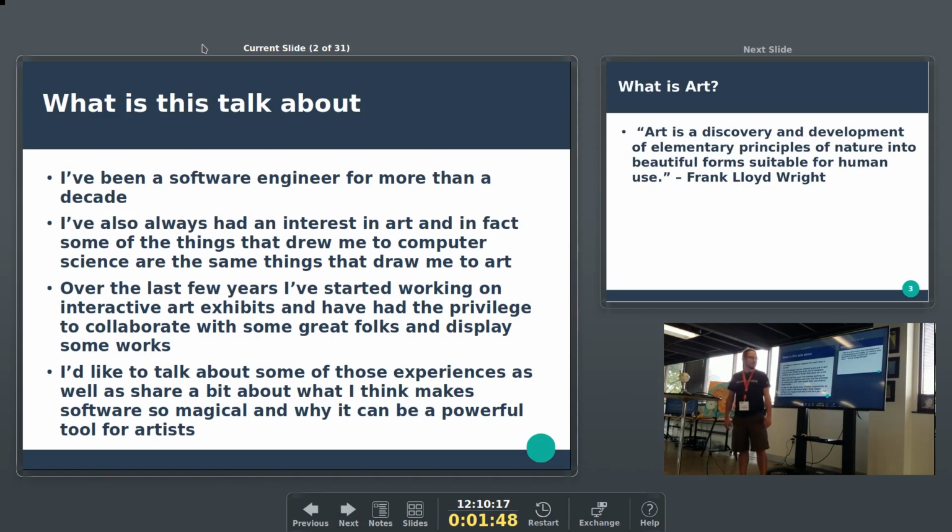I've been a software engineer for well over a decade now in some capacity or another, but I've also always had a lifelong interest in art. That's something I've always been tinkering with, and I don't know if the connection's always obvious to everybody, but for me, some of the same things that drew me into computer science are the same things that attract me to art.